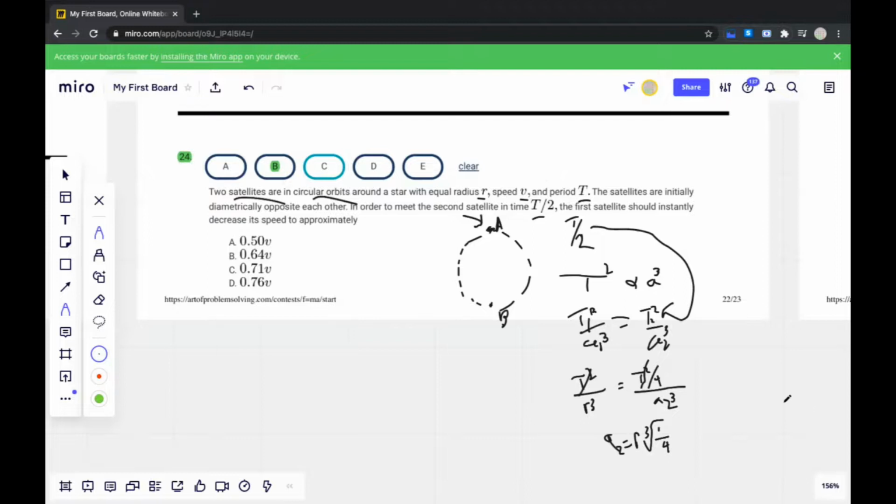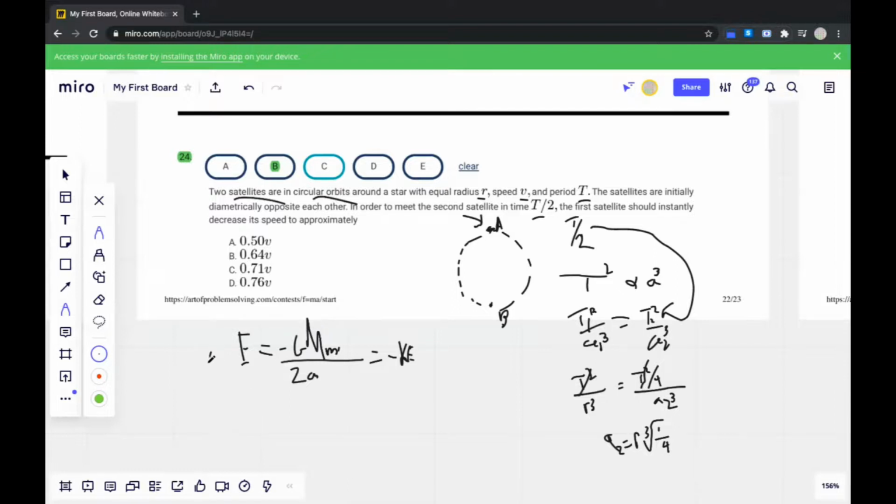We can do this by using the theorem that states that the energy of a satellite in orbit is going to be negative G M m over 2 times the semi-major axis. And this is just the same thing as the negative of the kinetic energy of the object.